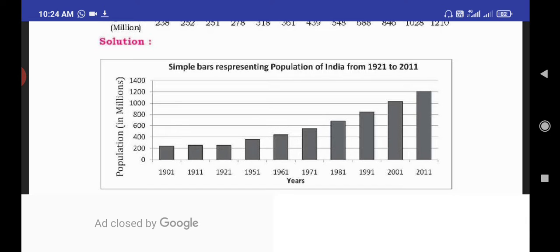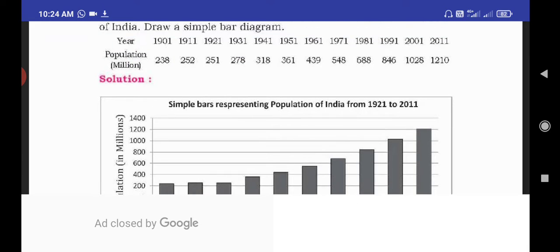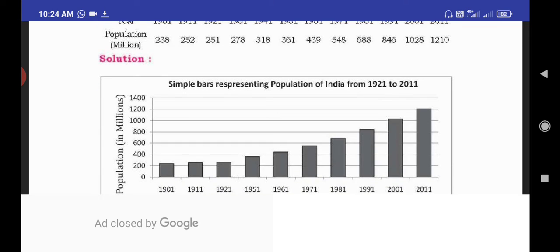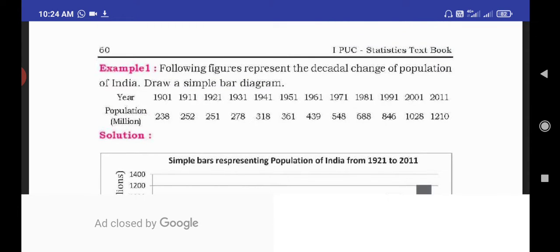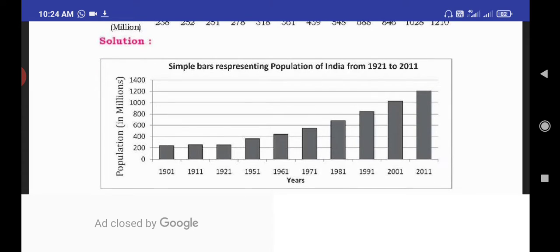So we should represent it in the form of bar diagrams. We should give importance to width and also length. This type of diagram is called a simple bar diagram. This is the example. I am just telling about the example, I am not giving a solution for this problem.